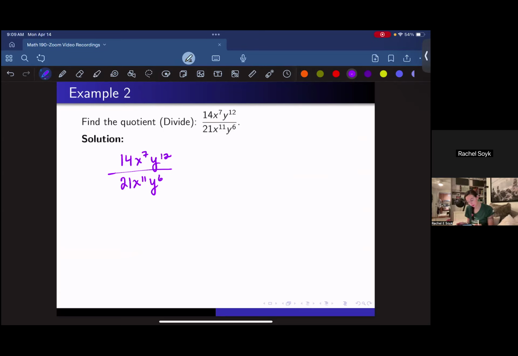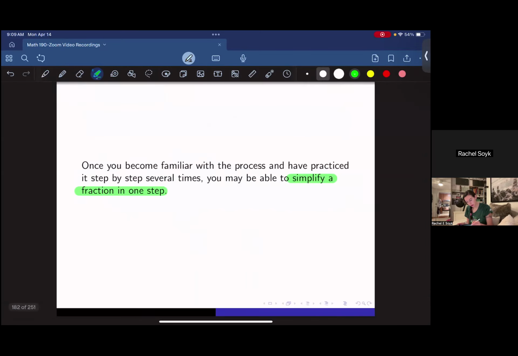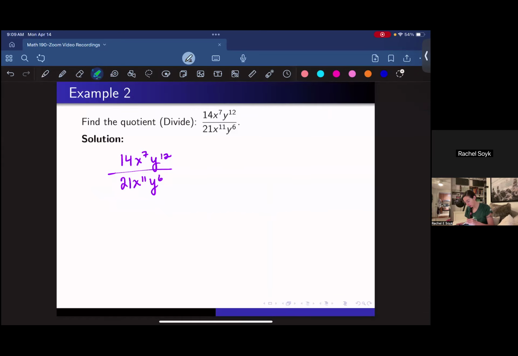All right, much better. So, once again, let's all use the same colors: orange, blue, and pink. So orange is for our coefficients. We have blue we'll use for x this time, and then pink we'll use for y.